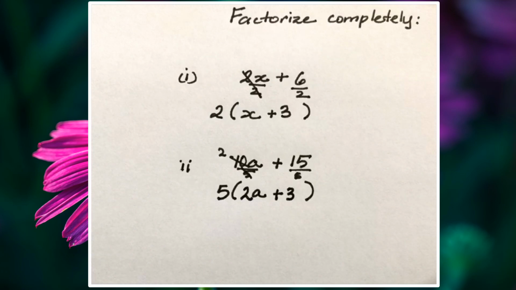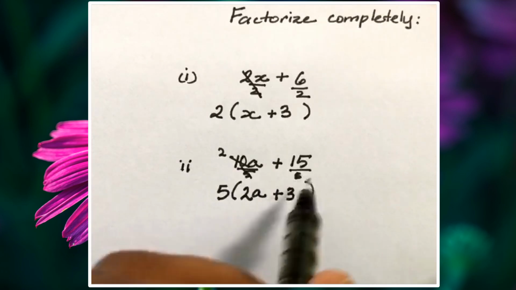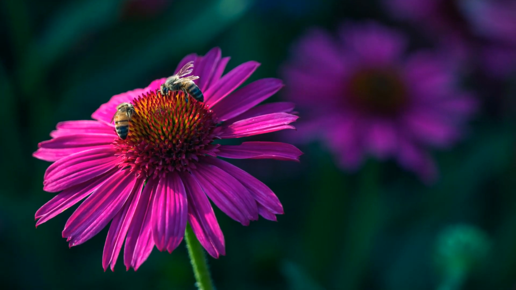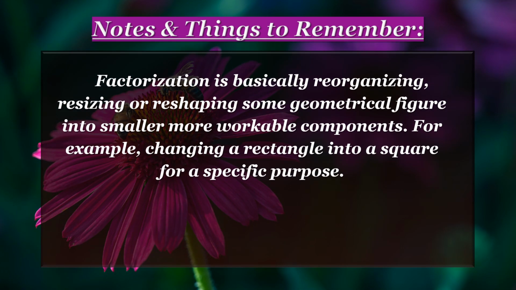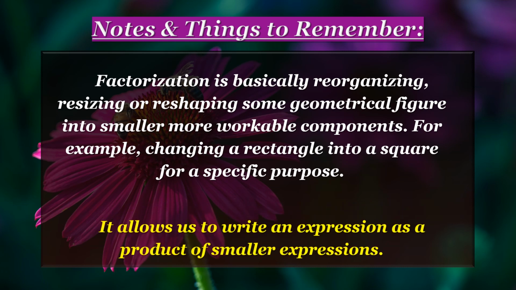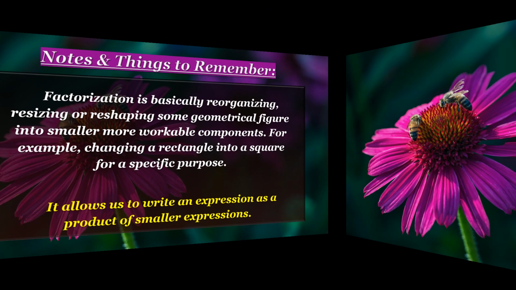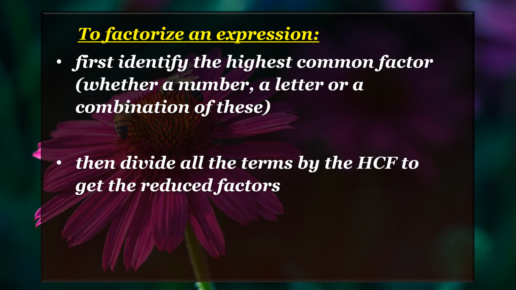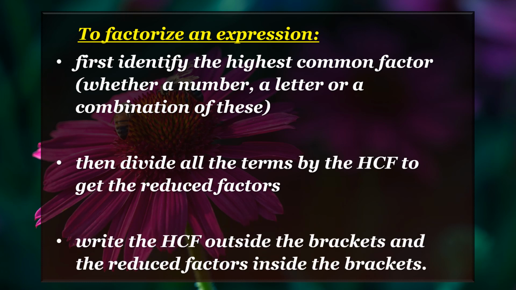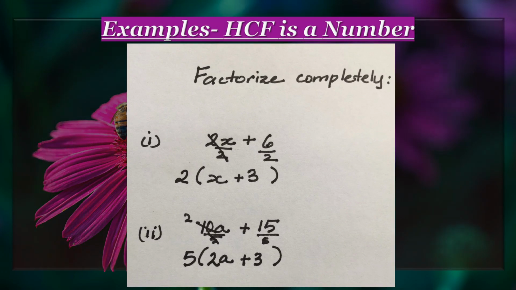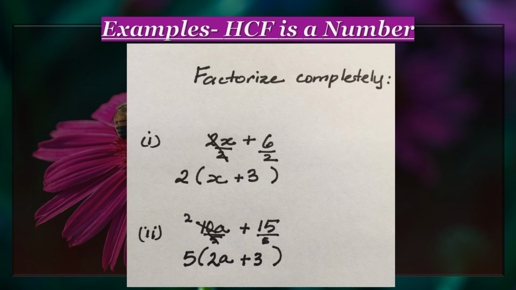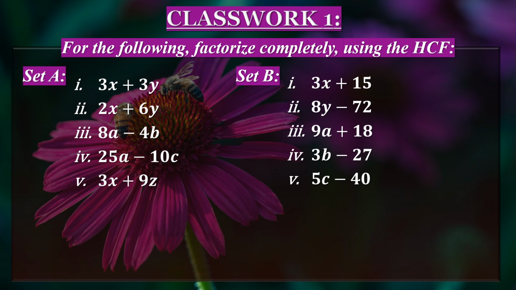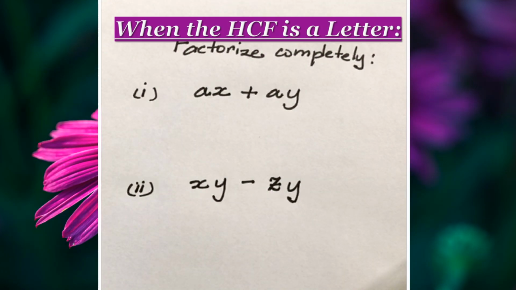Let's multiply it back to check that it's correct. 5 times 3 will give us 15, and that's 15 right there. Let us look at these two examples.